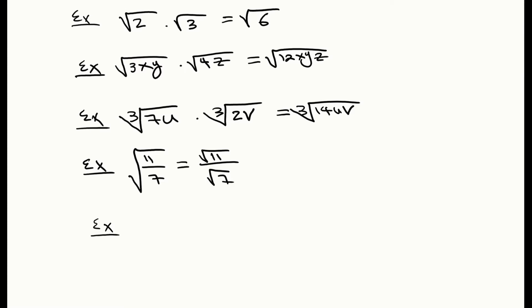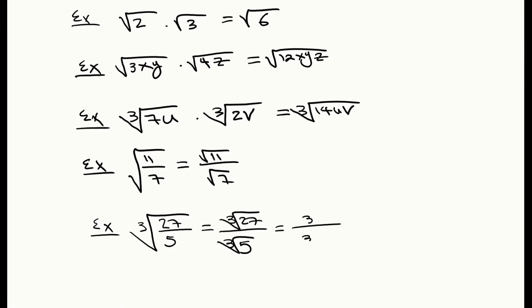Or let's say we have the cube root of 27 over 5. Now we can go ahead and break that up in this way, and we end up with 3 over the cube root of 5.